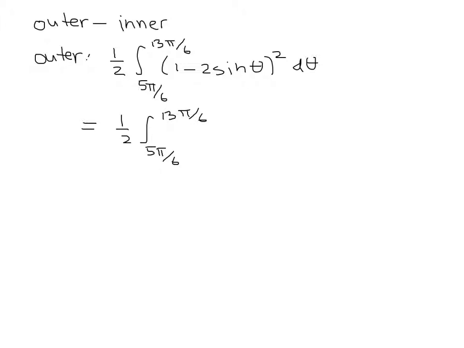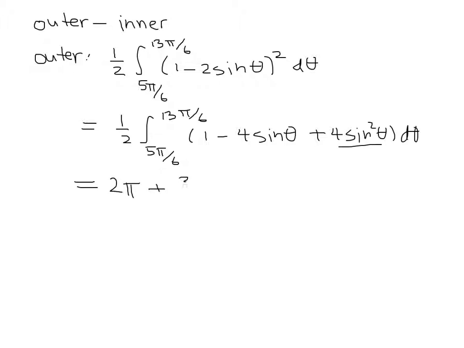If you do integrate this, first expand it into 1 minus 4 sine theta plus 4 sine squared theta d theta. And you'll have to use that trig identity to simplify that sine squared of theta. And when you work out all the gory details, you end up getting that the area of the outer loop is 2 pi plus 3 root 3 over 2.